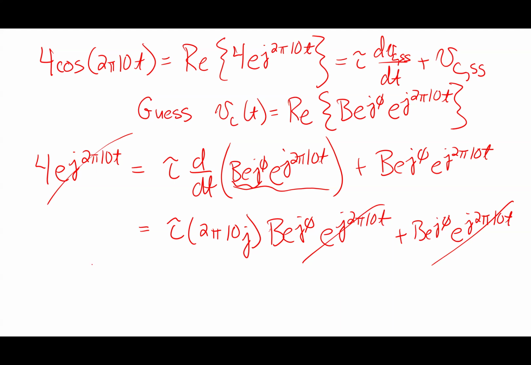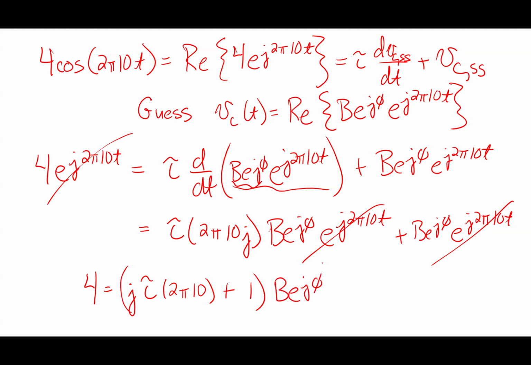So I'm left with 4 equals, let me write it this way, j tau, and tau is a number. I know it's 1, but I'm leaving it in there because in general it's there. 2 pi 10 plus 1 all times b e to the j phi.